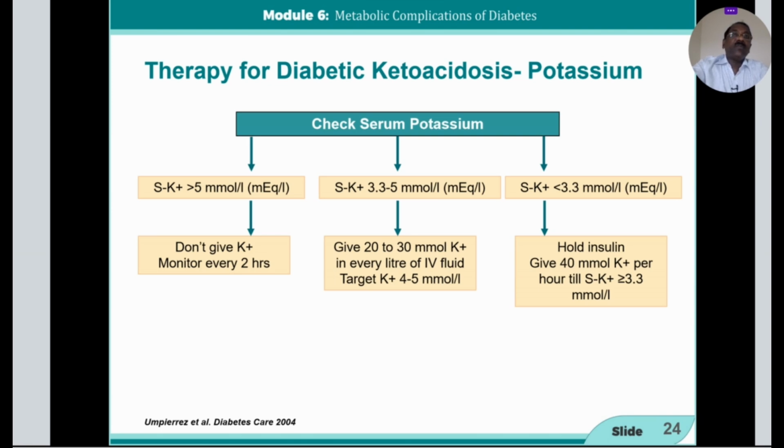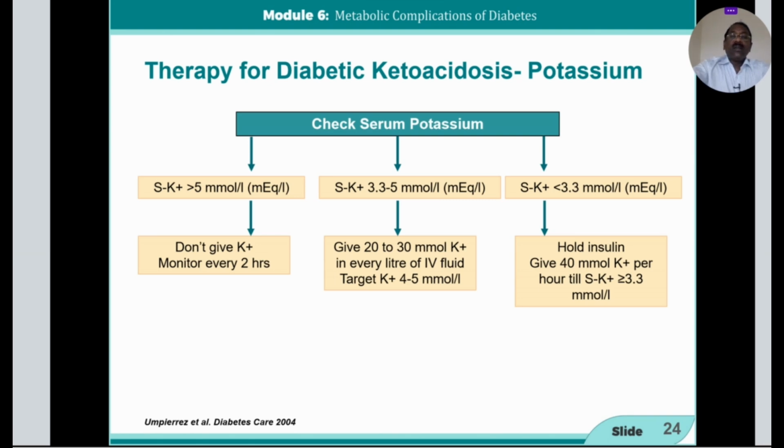What happens if you give the insulin in severe hypokalemia? There will be further intracellular hypokalemia. Okay, so insulin draws the potassium into the cell. That is very important.